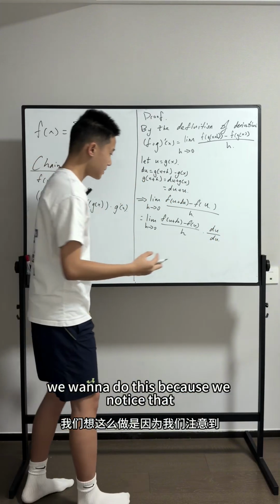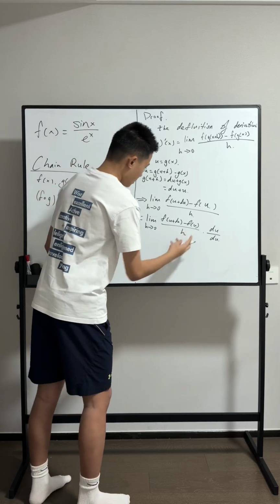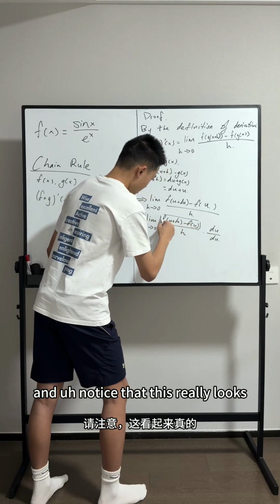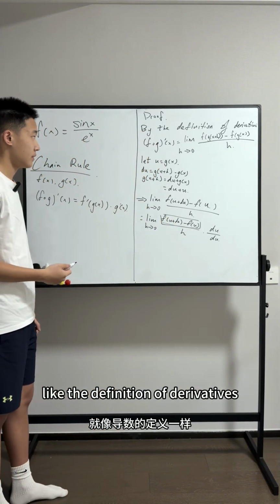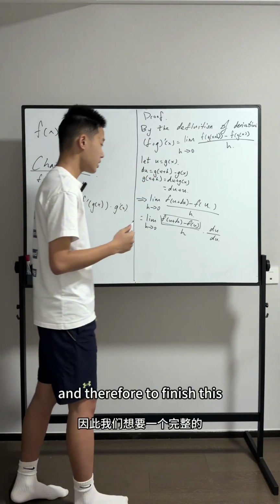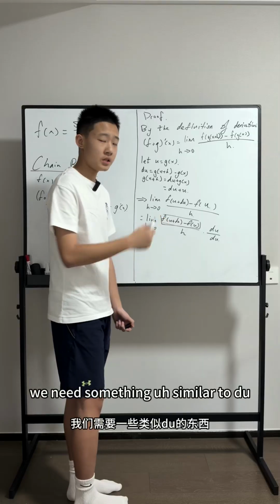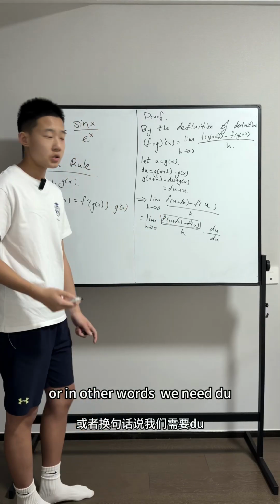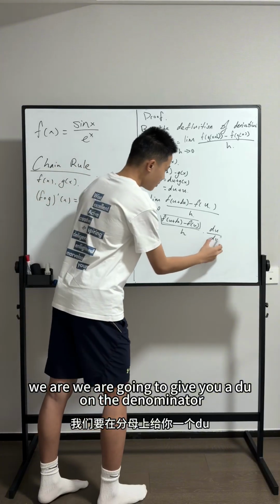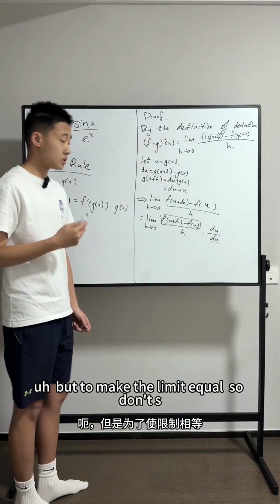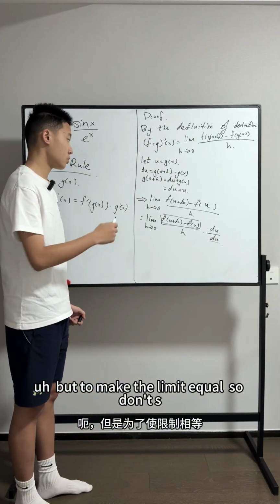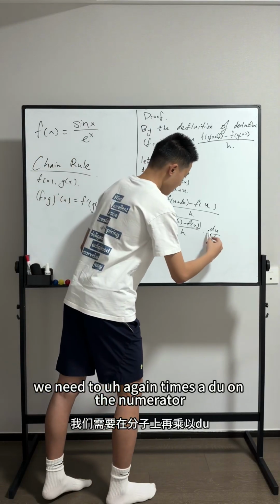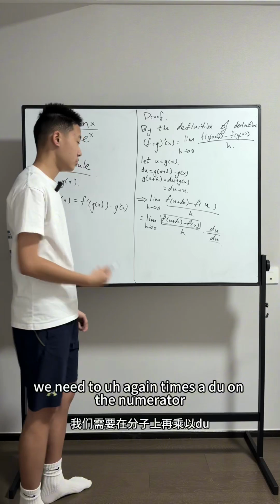We want to do this because we notice that we have a numerator like this, and notice that this really looks like the definition of derivatives, and therefore to finish this we need something similar to du, or in other words we need du. So therefore we are going to give a du on the denominator, but to make the limit equal, so not change the limit, essentially we need to again times a du on the numerator.